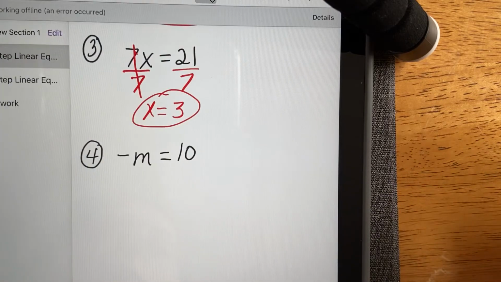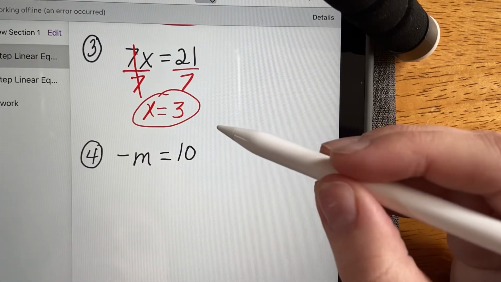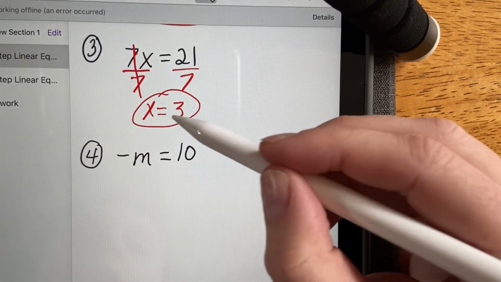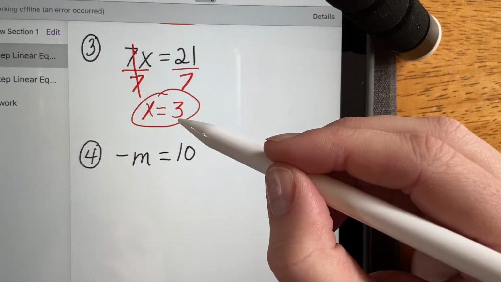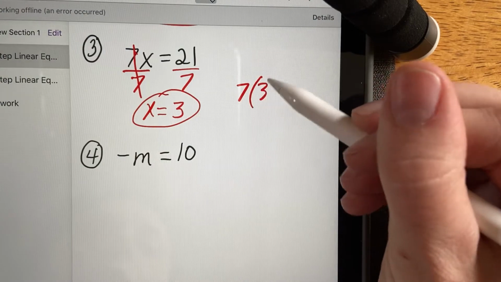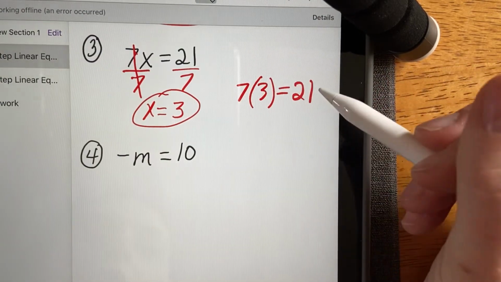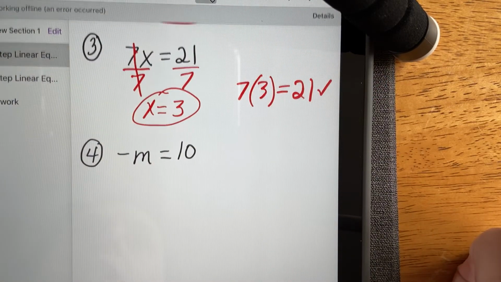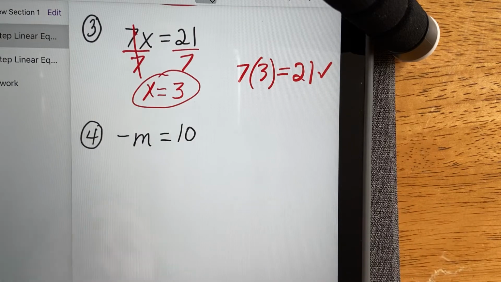If you want to check your work as you're going, this one's a really easy one to check, because we could take x equals 3 and sub it back into the original problem. 7 times 3 equals 21. So you can see that that does indeed work out. And then the last problem I have for you guys for the one-step equation is negative m equals 10.